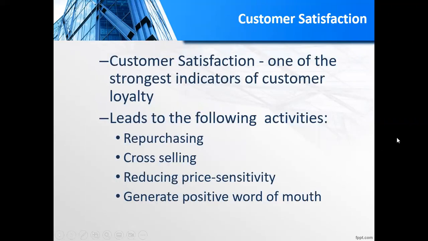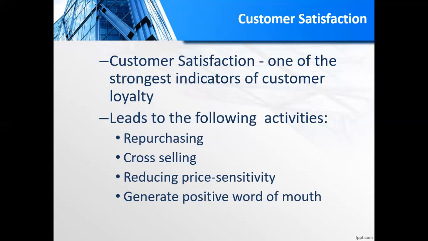As I mentioned a while ago, if your customers are satisfied, then that will be one of the strongest indicators of loyalty. Satisfied customers translate to loyal customers. As I mentioned, satisfied customers will do repurchasing.